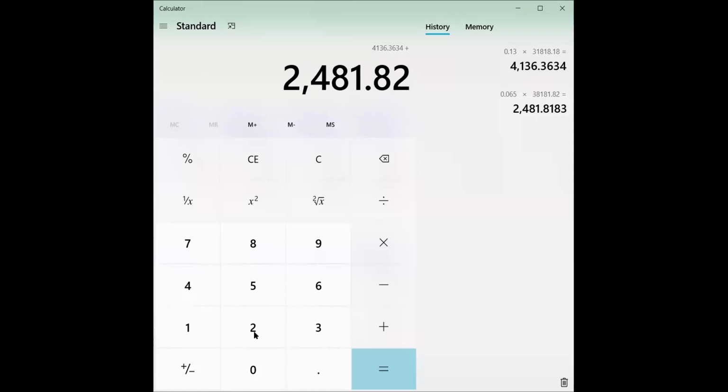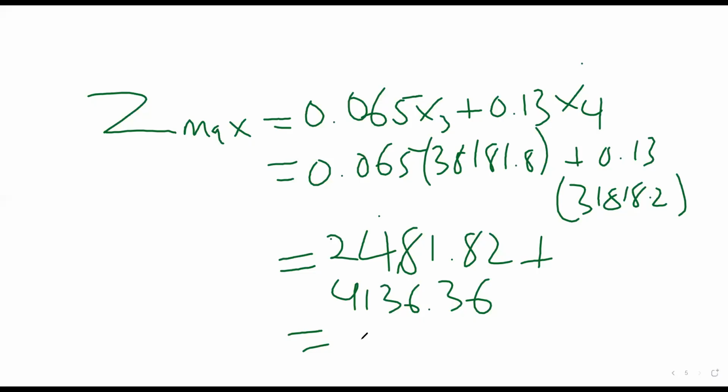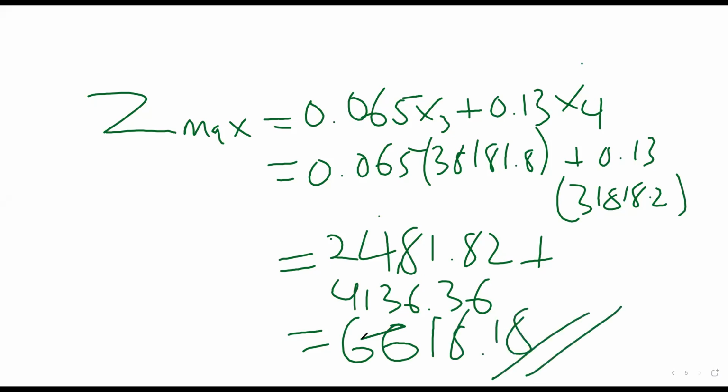You get 6,618.18. So that is the amount that we finally get for the maximum. This is the maximum amount of returns, investment returns.